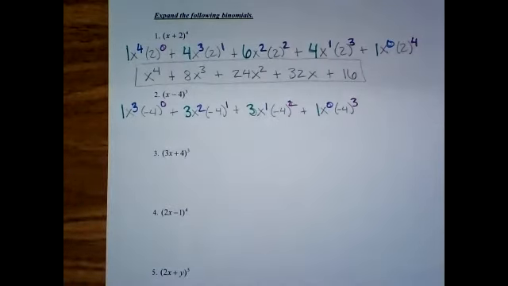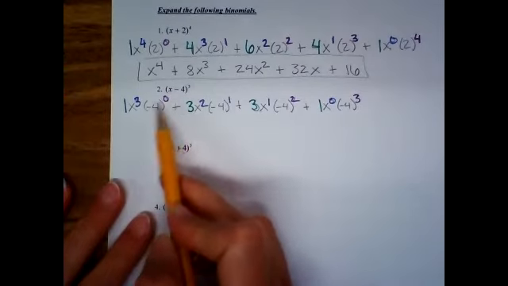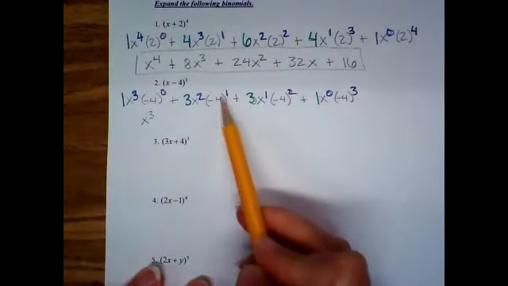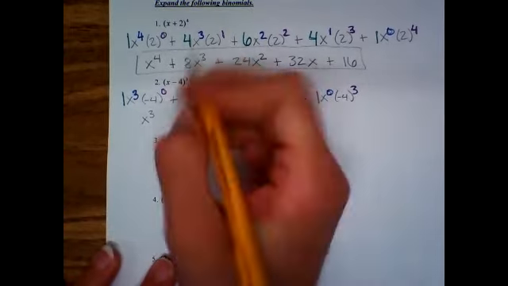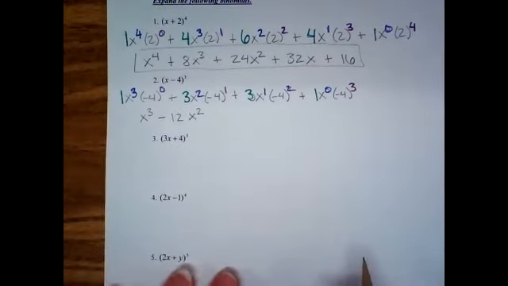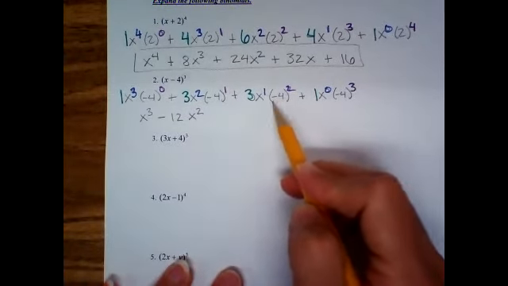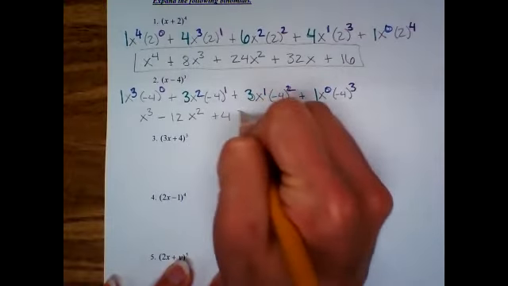You're going to have to do a few of them. Now we're going to reduce it. Anything to the 0 power is 1. You can just ignore that. So this is x to the third. -4 to the first would be -4 times 3 would be -12. So minus 12x squared. -4 squared would be positive 16 times 3 would be 48x.